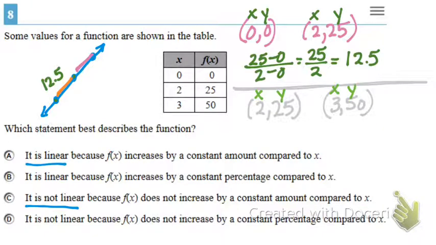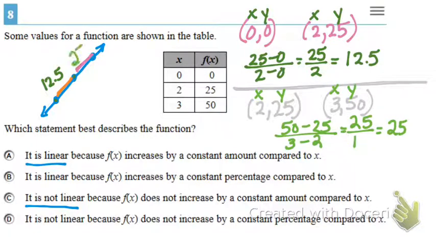So it's the difference between the y's divided by the difference between the x's. When I do that, I see that the slope is 25. So the slope is different.